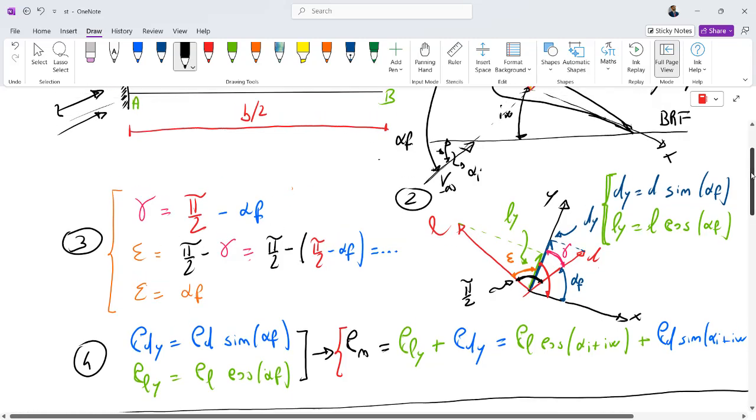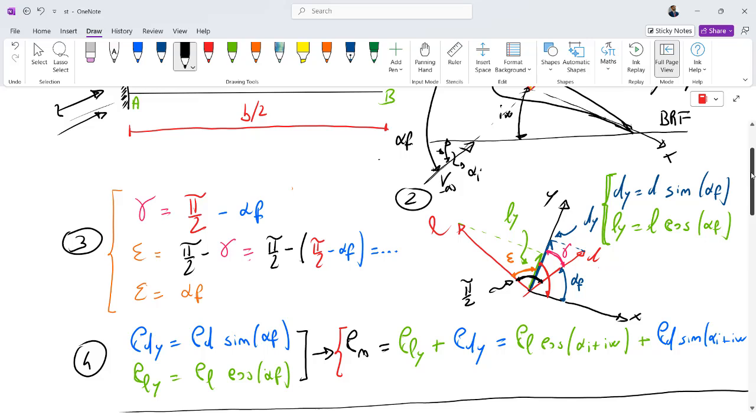But the other angles, in equation number 3, we have the calculations of the angles gamma and epsilon. Gamma, that is this angle, is calculated as pi over 2, that is 90 degrees in radians, minus alpha final, because this in red is 90 degrees, this in blue is alpha final.